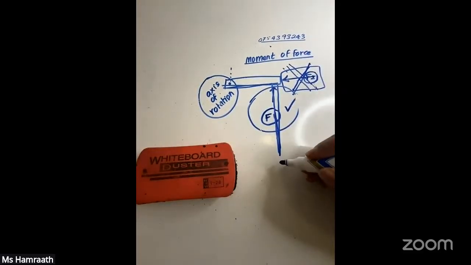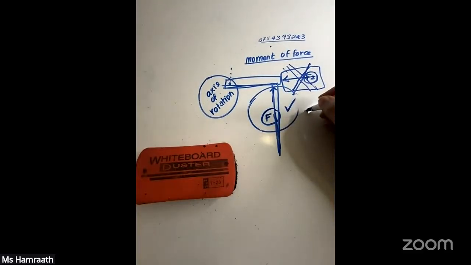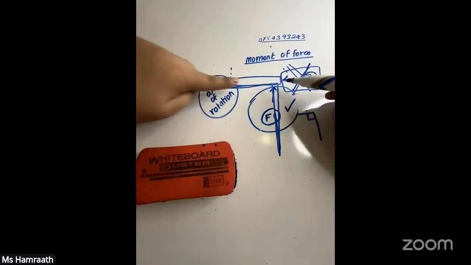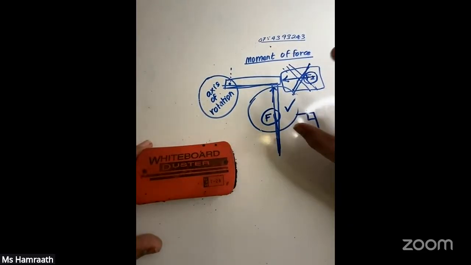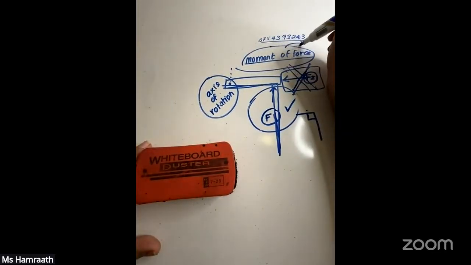But if I apply a force that is perpendicular, meaning 90 degrees, to the axis of rotation, we will have the moment of force. So if you have the moment of force, you can rotate the object.